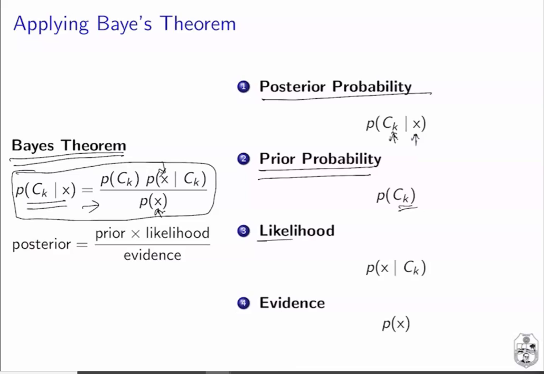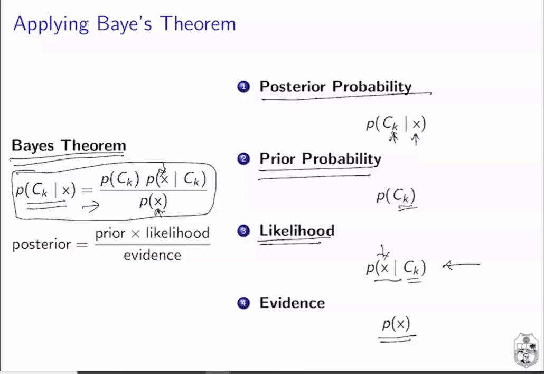The third probability is that a randomly selected observation has exactly value X provided that the class label is CK, and this is the conditional probability, called the likelihood. And the fourth probability is the probability of X, which means that a randomly selected observation has exactly value X.